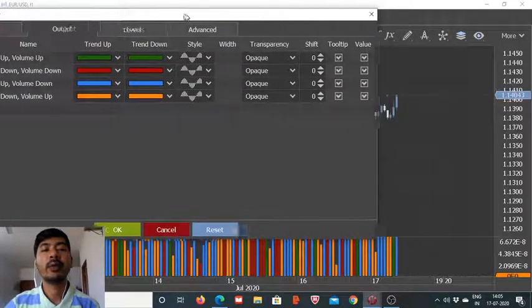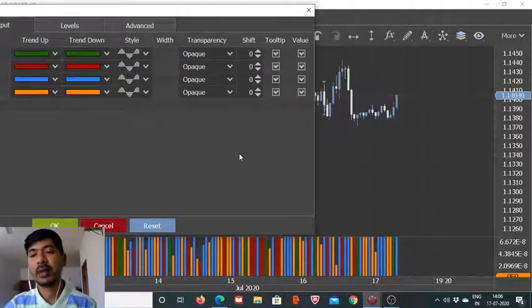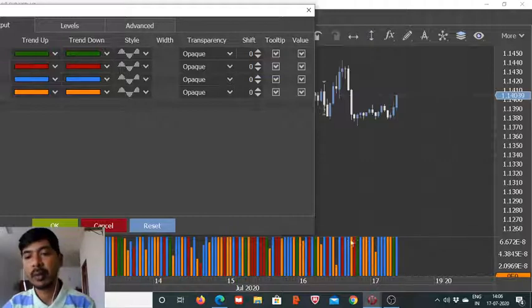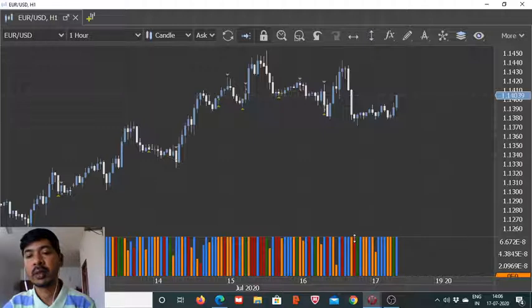The MFI down and volume down scenario I mentioned means the momentum is drying up. So let us see what the hour was. This was 18 GMT of 16th July.